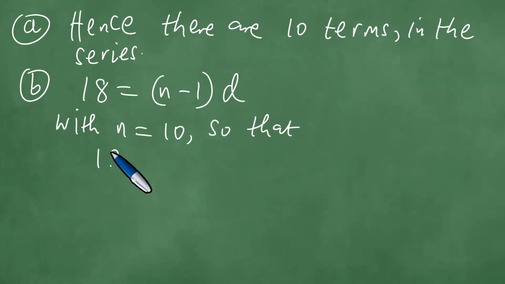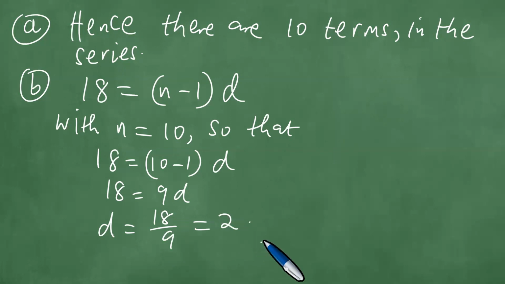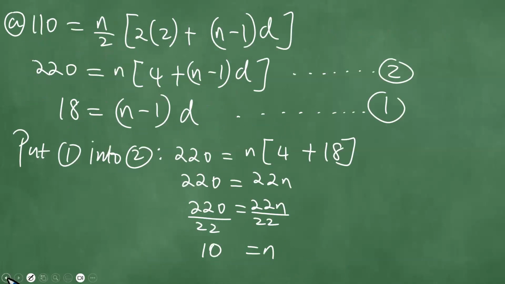So we have 18 equals 10 minus 1 times d. What is 10 minus 1? It's 9d, which means d is 18 over 9. What is 18 over 9? It's exactly 2. Hence d equals 2, it's the common difference.